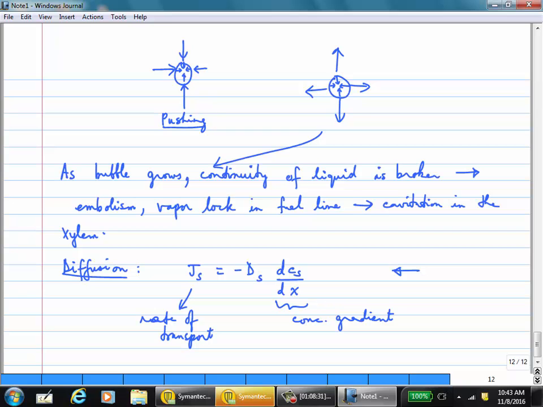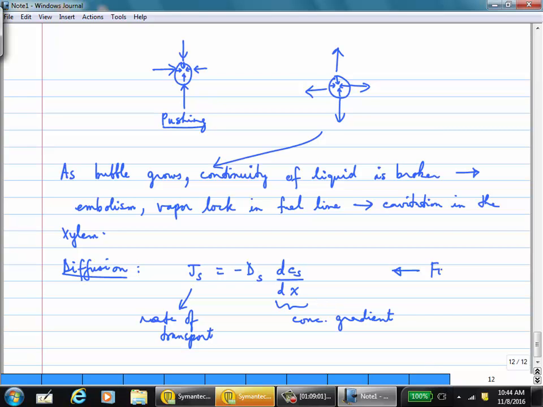So that is captured in this, delta Cs divided by delta x. The Ds will depend on the solute. I don't know whether it depends on the density or not, but it will be different for each solute.